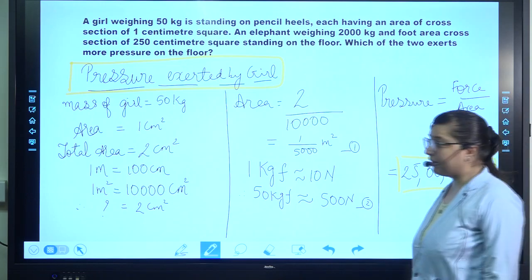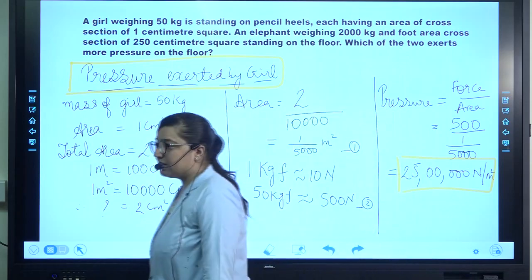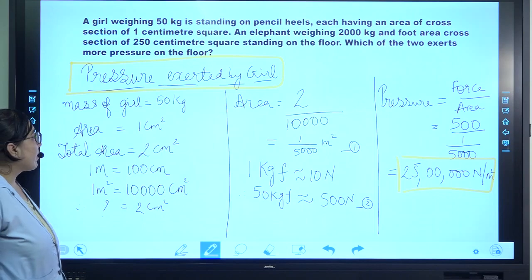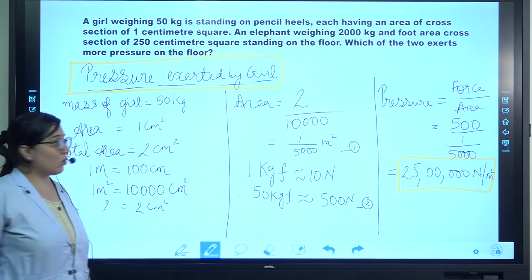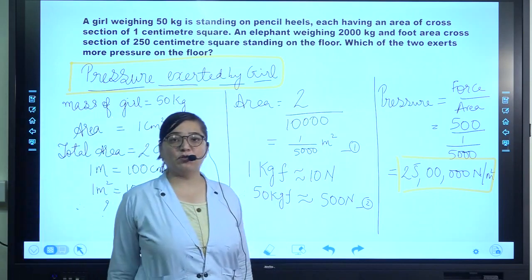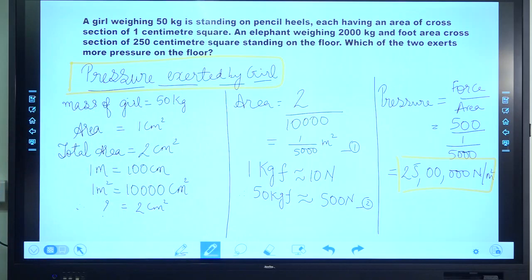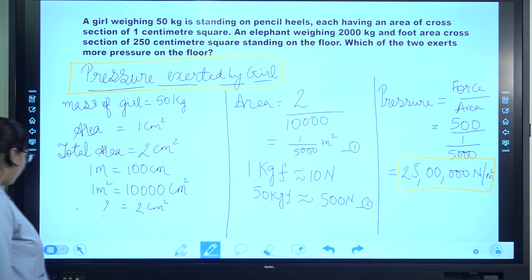One such numerical we have already done, but this is just for your reference. I am going to teach the whole numerical once again, but just now, just go through it. Yet time is not given for copying.